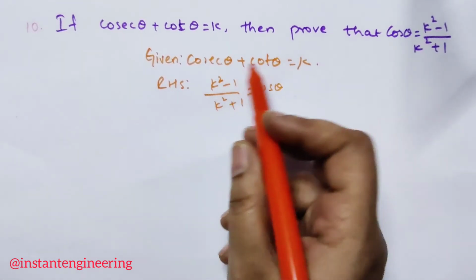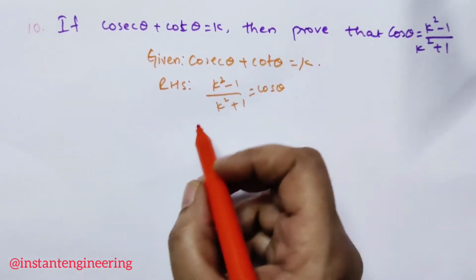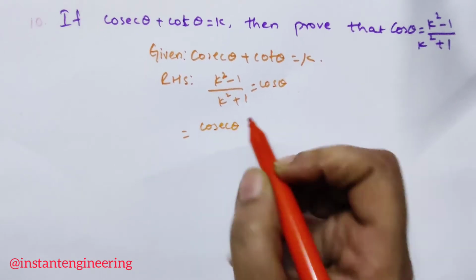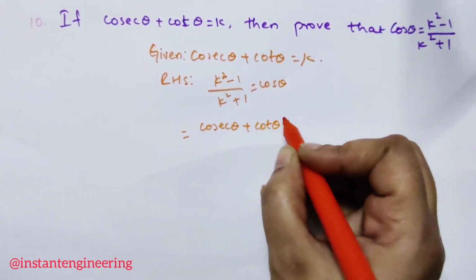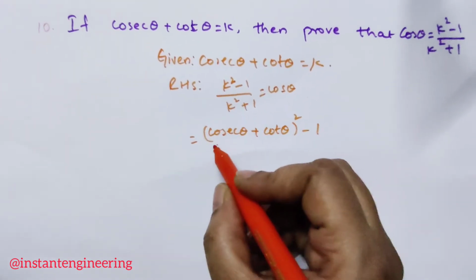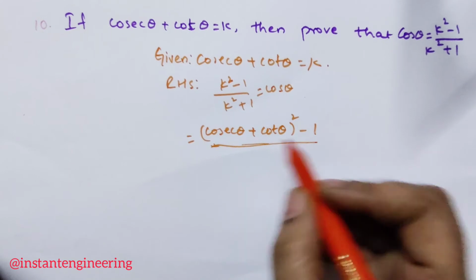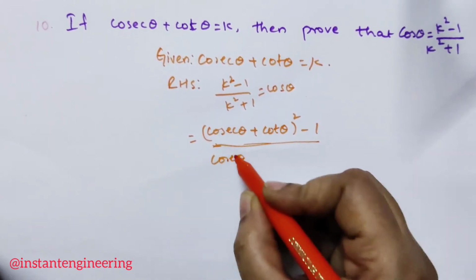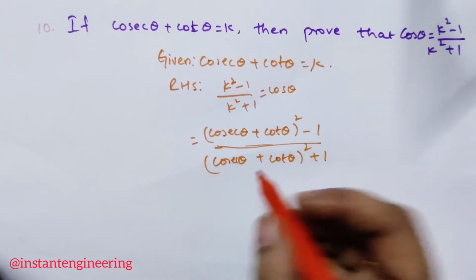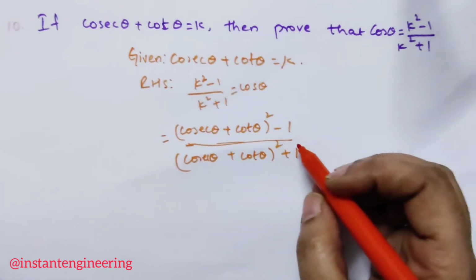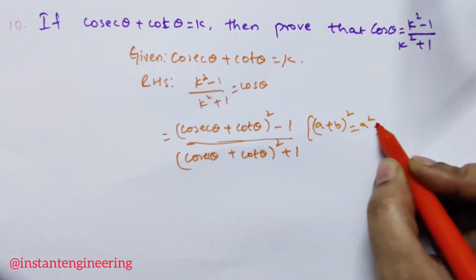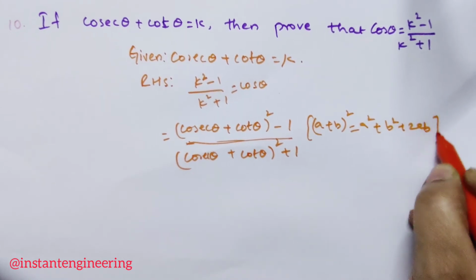So just substituting these k values in these terms, this becomes (cosecant theta plus cot theta) whole square minus 1, divided by (cosecant theta plus cot theta) whole square plus 1. Now this is in the form of (a plus b) whole square, that is a square plus b square plus 2ab.